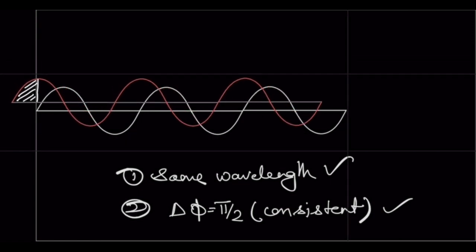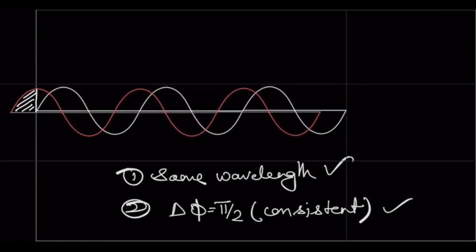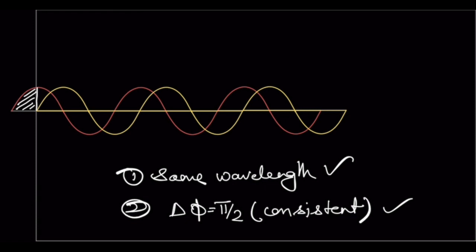If we merge these waves just like we were doing in the last case, you will clearly see their phase difference of pi by 2, or 90 degrees. But this is consistent. It remains the same for the entire wave. It is not only for one wavelength. We can check it by taking different points, say these 2 points.